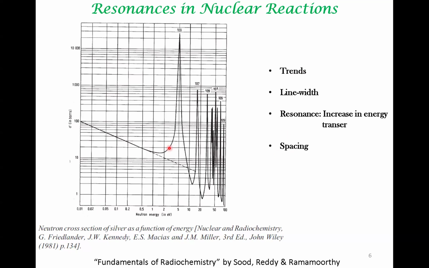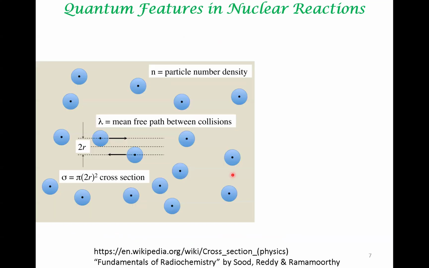These four features are important: this decrease in cross section with increase in neutron energies, how line width changes, and the aspect of resonance and spacing. Okay, all these things give an idea of the underlying mechanism involved.